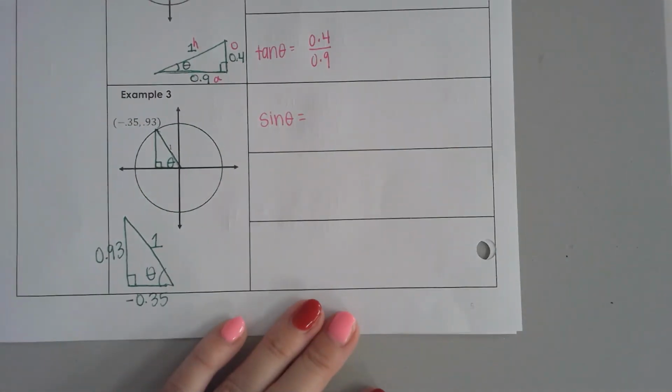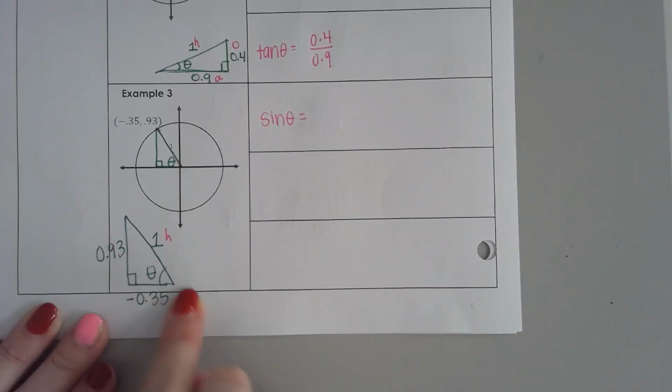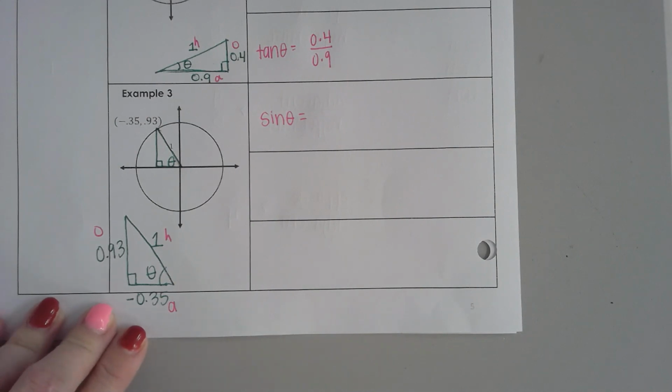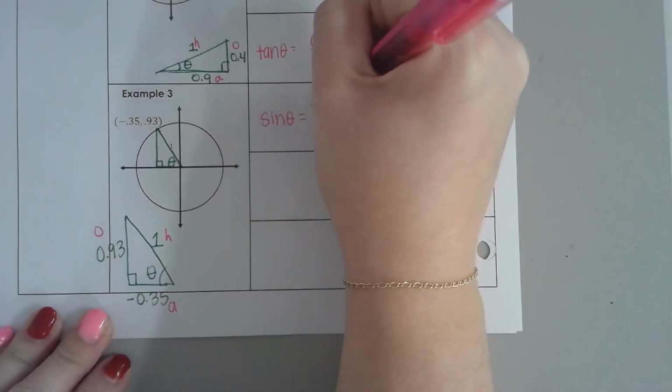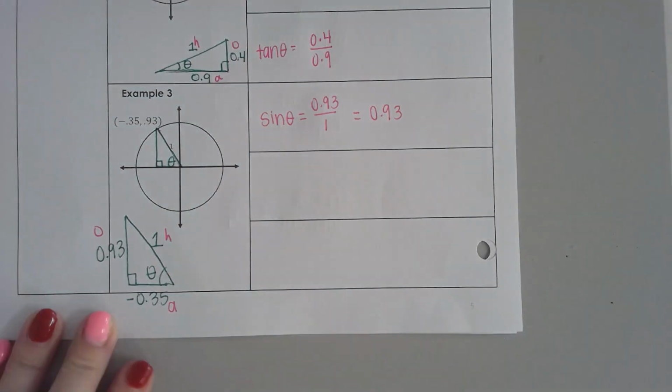Sine. So this would be my hypotenuse, the 1. Across from theta is my O, which leaves the other one to be my A. So sine is O over H, which just happens to be 0.93.